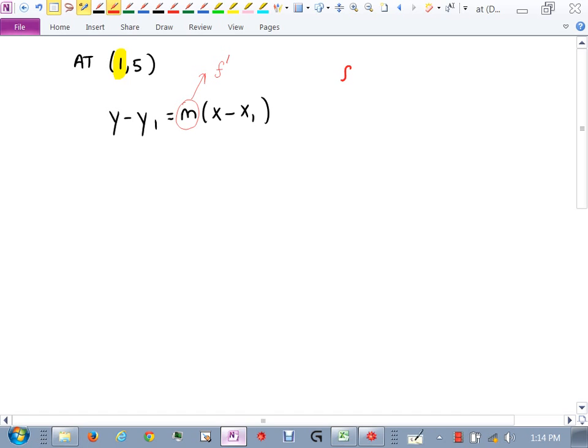So what I'm really going to find over here is f prime of 1, which we said was 8 times 1 minus 6 times 1 squared. So that's 8 minus 6, so 2. So the slope of this line is 2, and then everything else you just fill in. Did that answer your question? Okay.